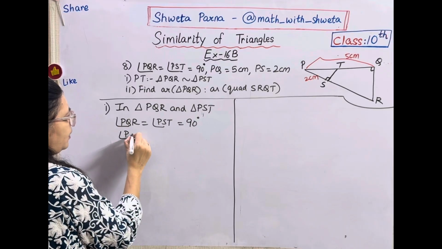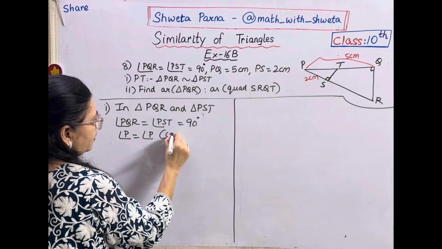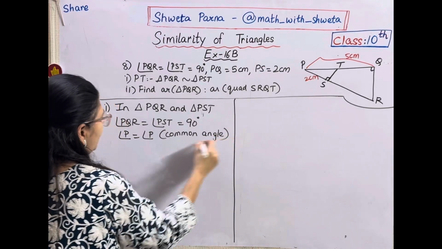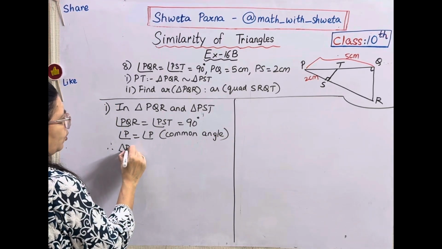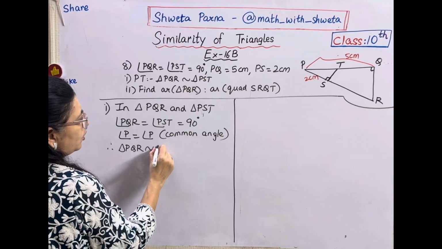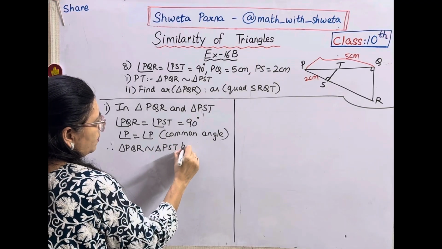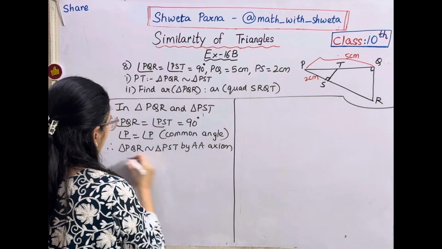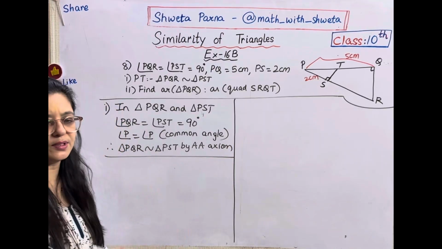So, angle P is equal to angle P, common angle. So, therefore, triangle PQR is similar to triangle PST by AA axiom test of similarity. So, we have already proved the first sub question.